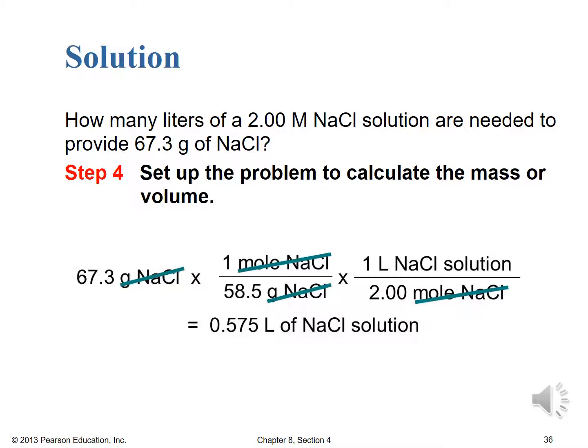Then we need to multiply it by the form of the molarity that will let us cancel moles of NaCl. So that actually requires us to put the 1 liter of NaCl solution in the numerator and the 2.00 mole NaCl in the denominator. Now we're in liters of NaCl, just like we want to be, and when we do the math correctly, we end up with 0.575 liters of NaCl solution.